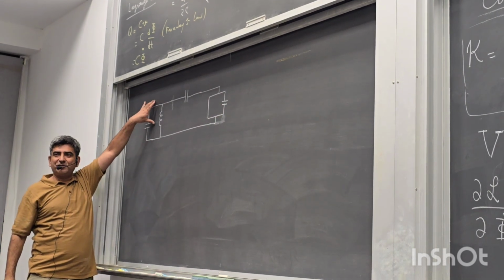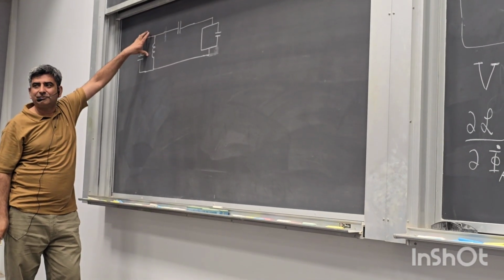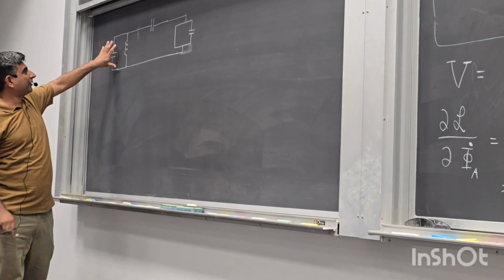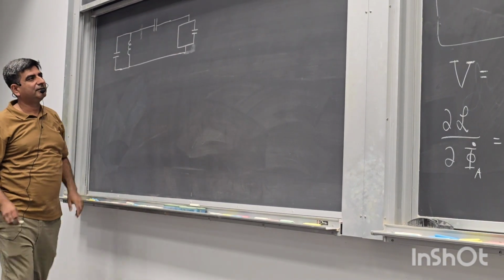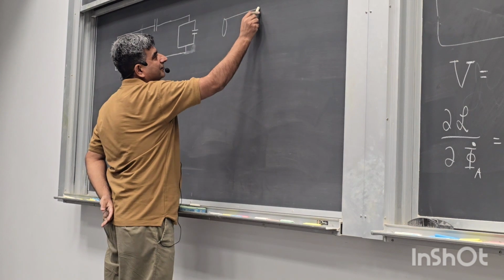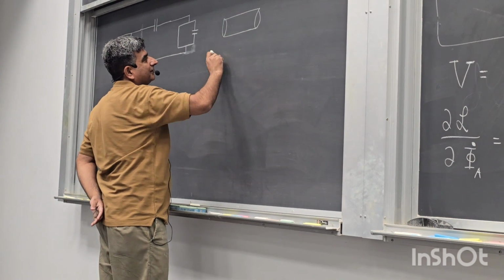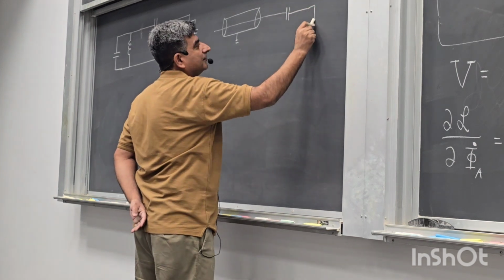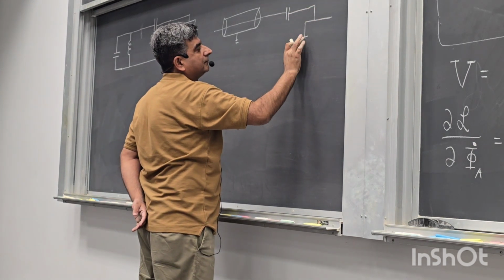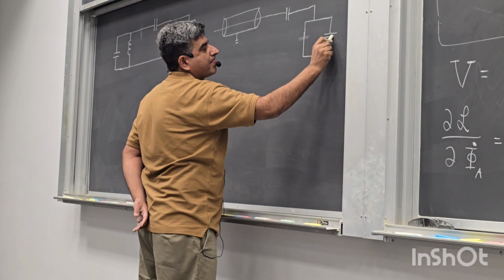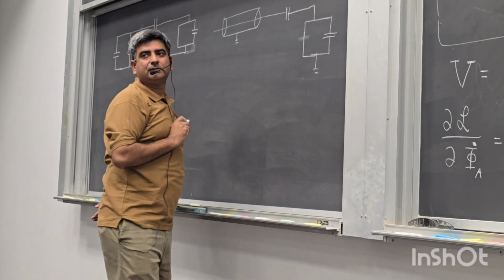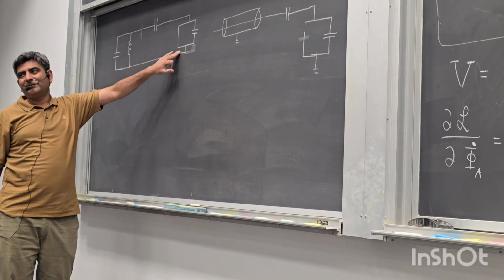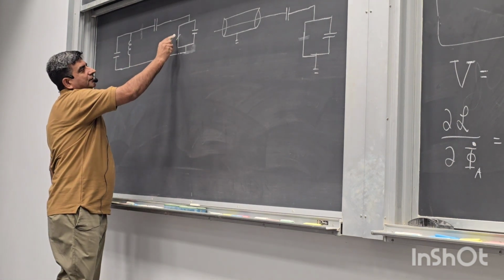This is a conventional superconducting oscillator. Could also be a transmission line. So I could replace this oscillator by a transmission line, like a waveguide. Capacitor. The only thing that I do have now is this circuit. I put a cross here.